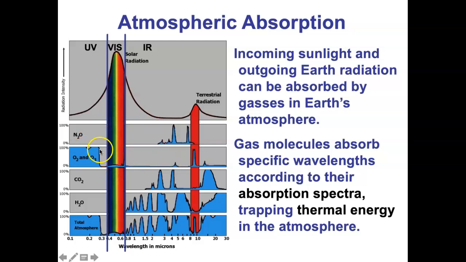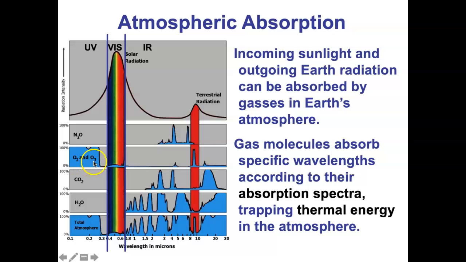Some of the nitrogen and the oxygen in the Earth's atmosphere gets together and forms dinitrogen monoxide, which has a few weak absorption lines in the infrared, but it's pretty weak, not much. Oxygen is the other major component of the Earth's atmosphere, and most of the oxygen that we breathe to stay alive is O2, right? It's a molecule made of two oxygen atoms.